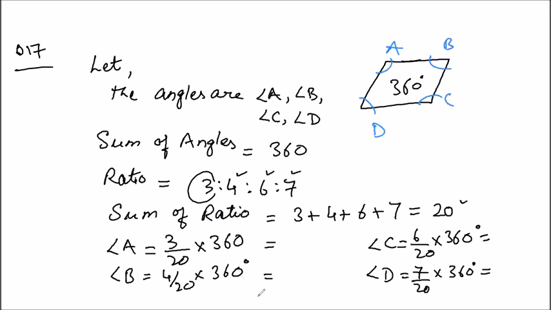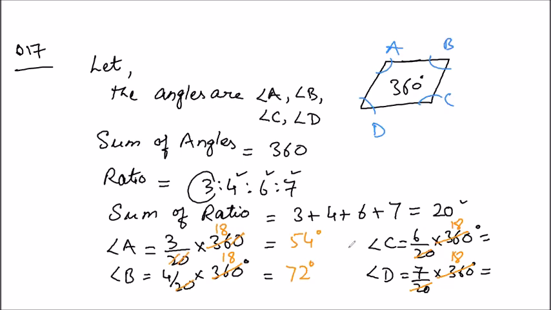Now in this way we can calculate all these angles. Now let us solve it. 0 will be cancelled, 2 18s are. In the same way we will cancel all of these. Now multiply numerators with 18. 3 multiply 18 will be 54.